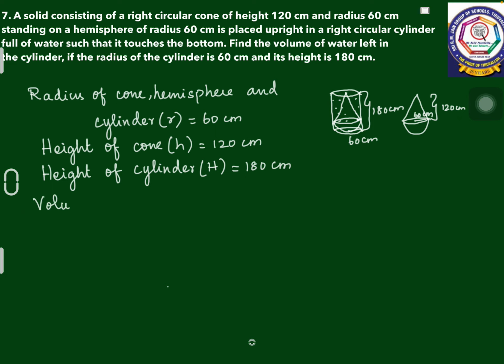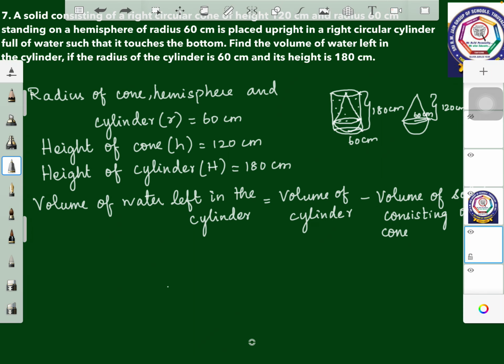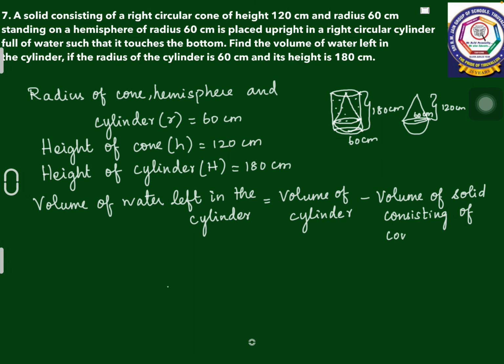Okay, volume of water left in the cylinder is equal to volume of the cylinder minus volume of the solid, consisting of cone and hemisphere.